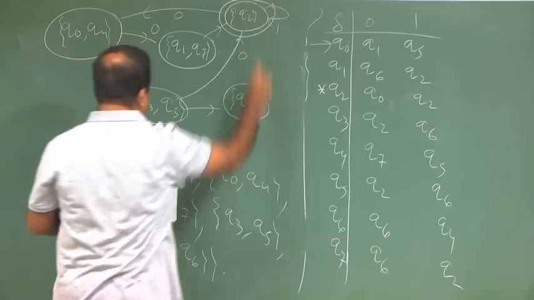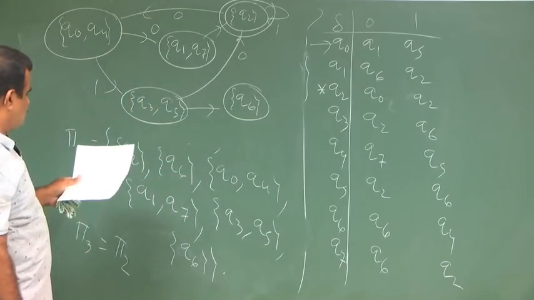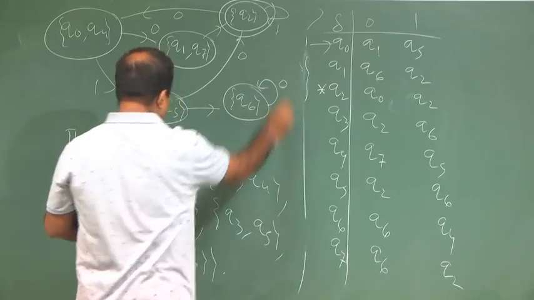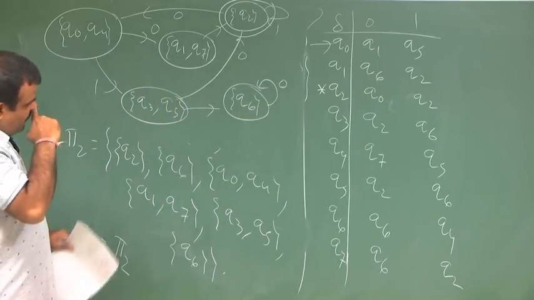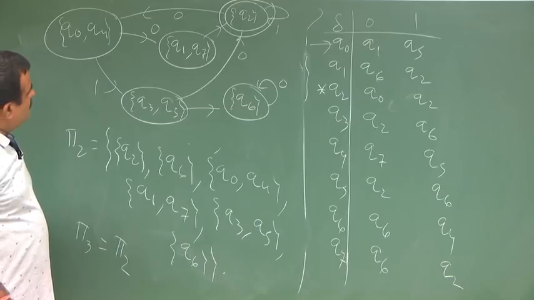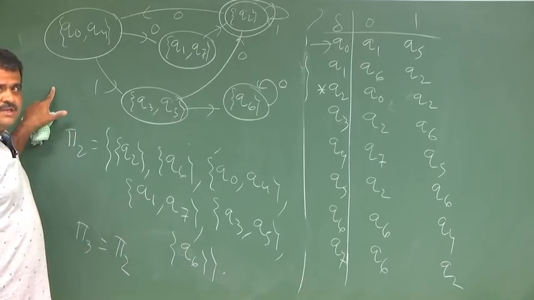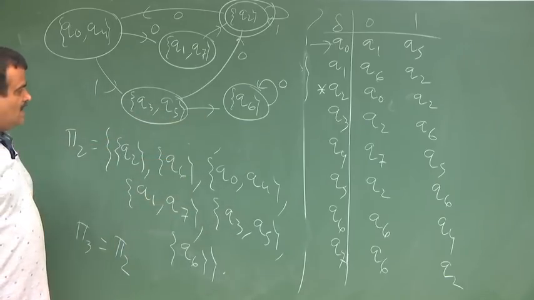This is the final state, because it contains the final state, and then we can have 0 over here. And with 1 it is going here. Anyway, you can complete this. So, this is the minimization of this DFA using this equivalence technique.